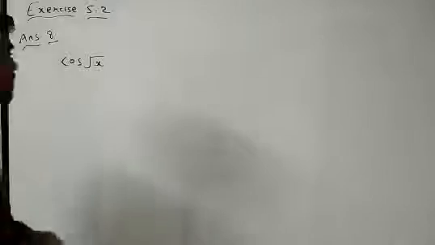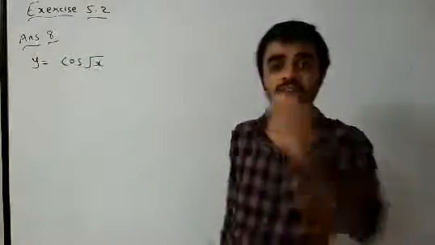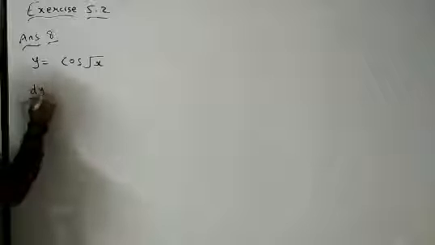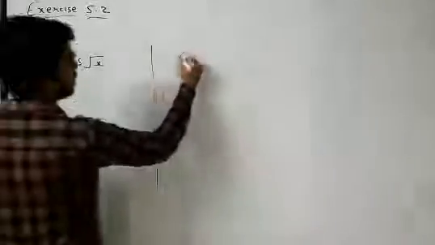See, first of all, this function is y. Right? Now, what is the derivative of cos? What will be the derivative of cos? Minus sine. So dy by dx, derivative of cos, see, we will relate this term with cos x.